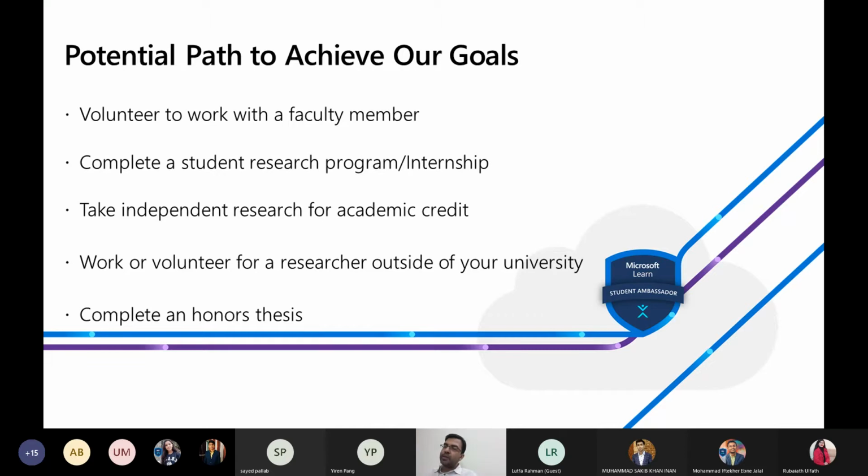And then the third point may not be true for most of you, but I have seen in certain universities that students pursue additional, independent research work for earning academic credits. Even if it's for academic credits, it will give you certain experience.